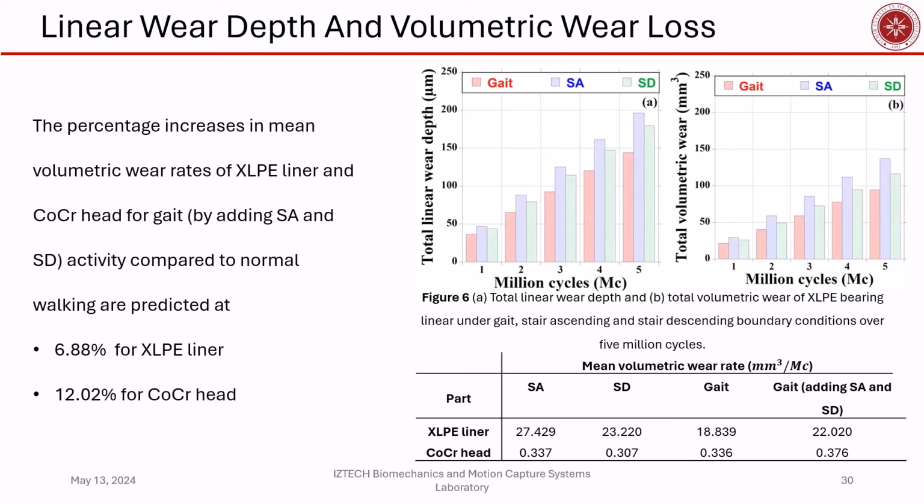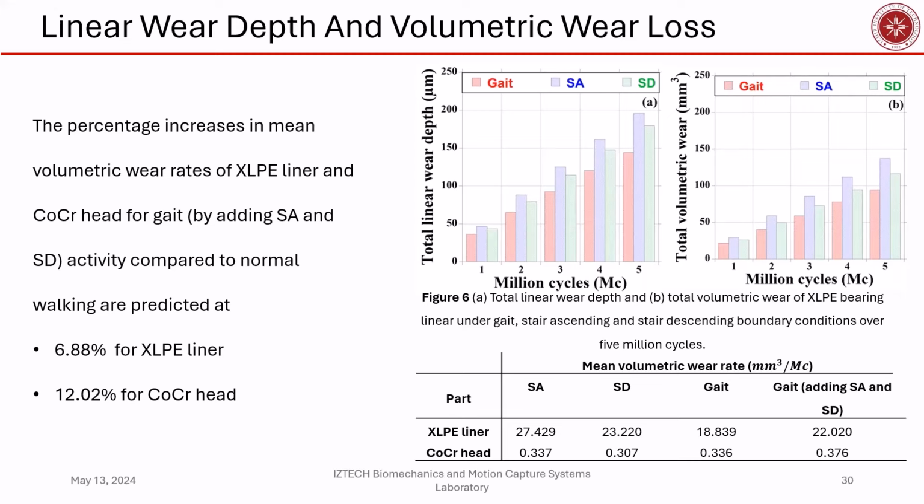Well, we get back to the idea of this thesis. We consider the effect of different daily life activities such as stair ascending and descending activity on the only walking activity. If we consider only the walking activity, the volumetric wear rate is obtained as 80.8 millimeter cube per million cycles.